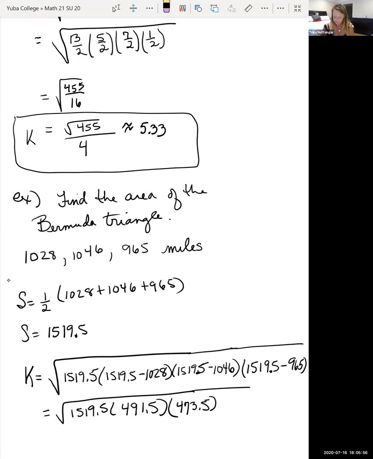And 554.5. Huge. And now let me take the square root of that result.